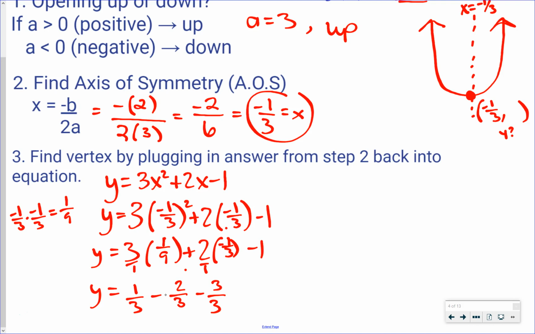Yeah, when I add and subtract the fractions, my denominators have to match. So I changed 1 to just be 3 over 3. It's still the same thing, I just wrote it in a different format. So now we can just go straight across. 1 minus 2, what is that, negative 1? And then negative 1 minus 3, negative 4/3, that is our y.